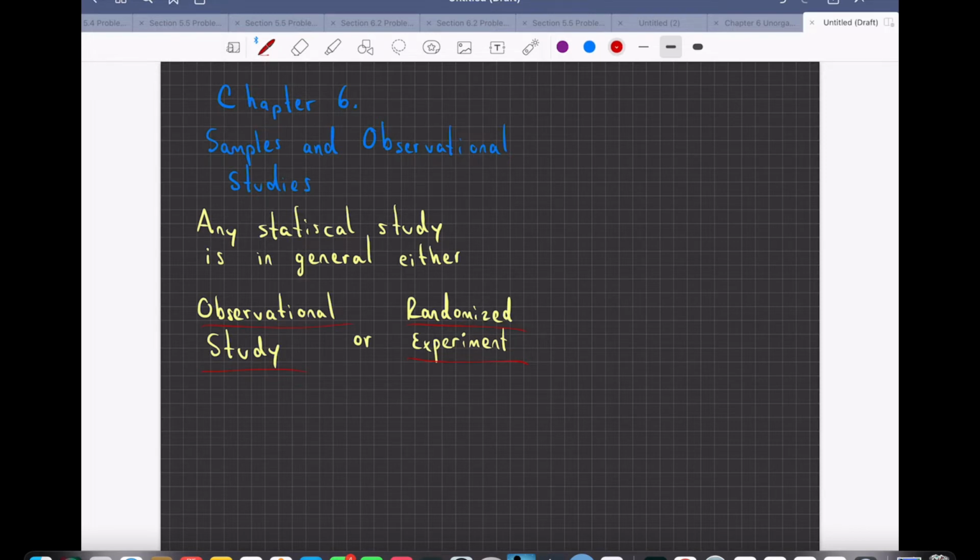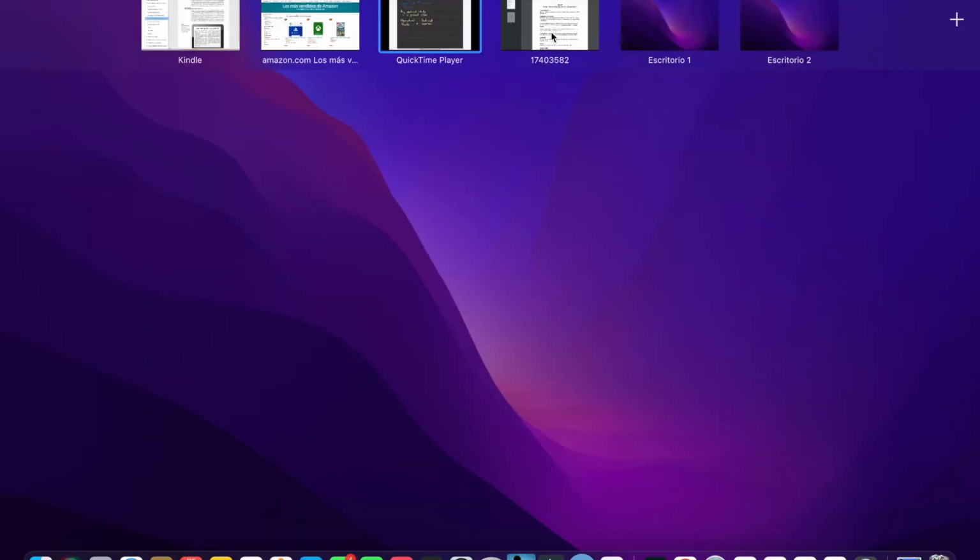We can say this in general for any kind of study in statistics. Of course, there are more kinds of studies, but we can say those are classifications derived from these two, observational or randomized experiment.